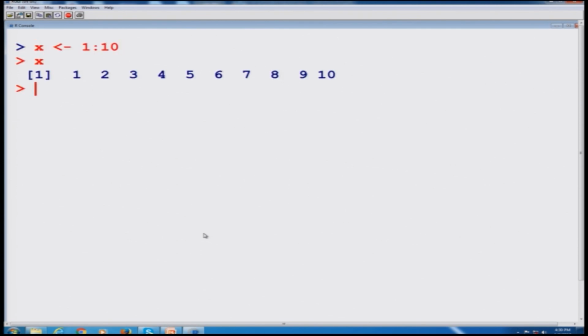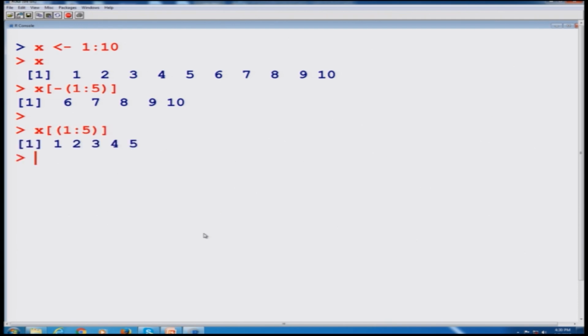You can see this is the value from 1 to 10, and suppose I write x 1 to 5 with a negative sign, then I get 6, 7, 8, 9, 10, and if I write 1 to 5, then I get 1, 2, 3, 4, 5. So, the negative sign is just changing the ordering.